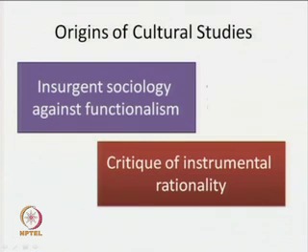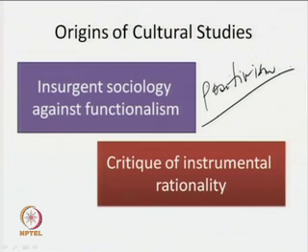And they saw the roots of functionalist sociology and instrumental rationality, this is very important, in positivistic science, in positivism. Positivism was held to be a methodology or an epistemology that was responsible for so many of the problems. For instance, even colonialism was tied to a positivistic science.